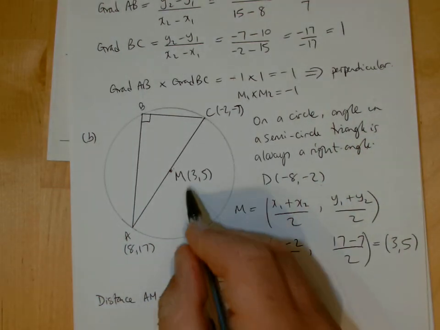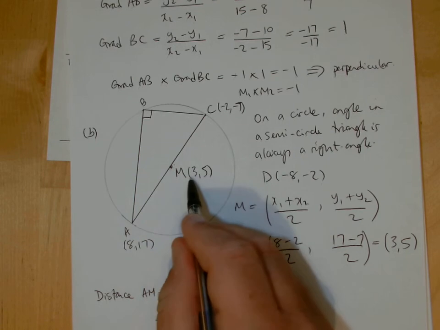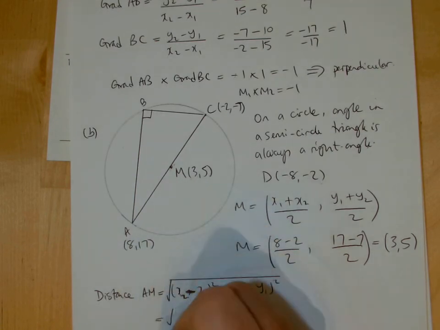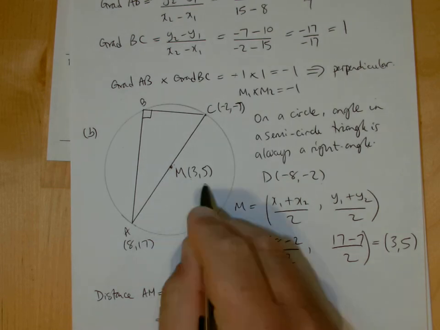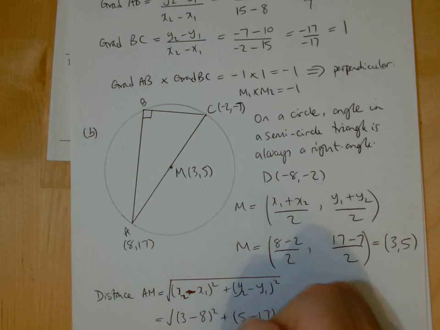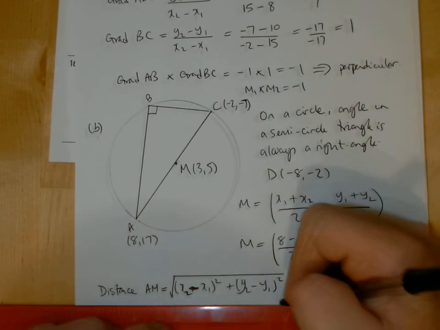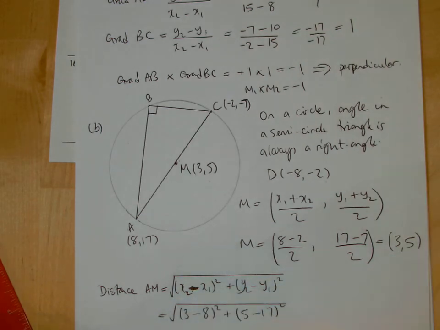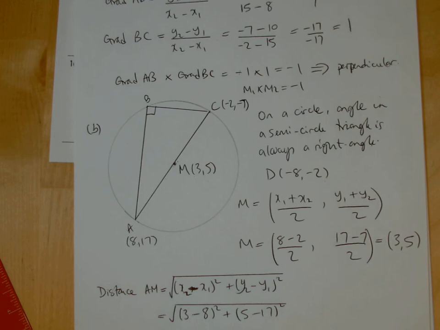Taking this as x2, y2 and that as x1, y1, it'll be 3 take away 8 all squared, 5 take away 17 all squared. When you work that out on your calculator, that comes out to be 13. That's the distance A to M.